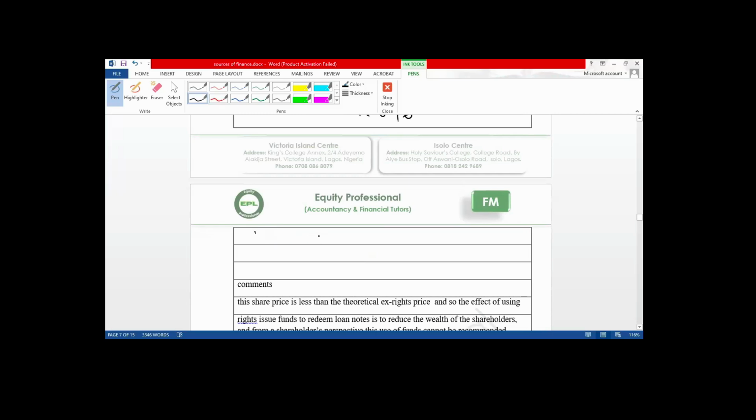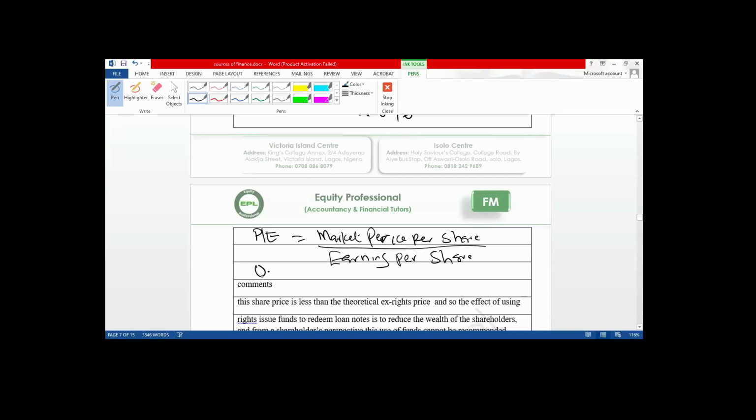Price earning ratio is equal to market price per share over earnings per share. I'm not saying this ratio will be 0.